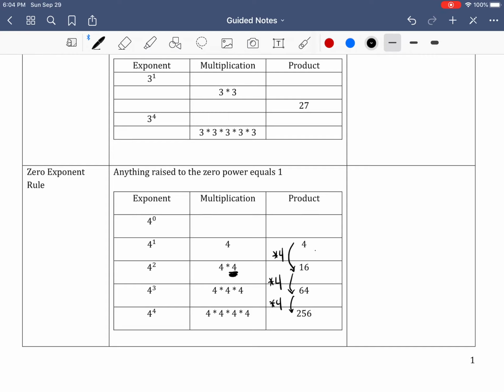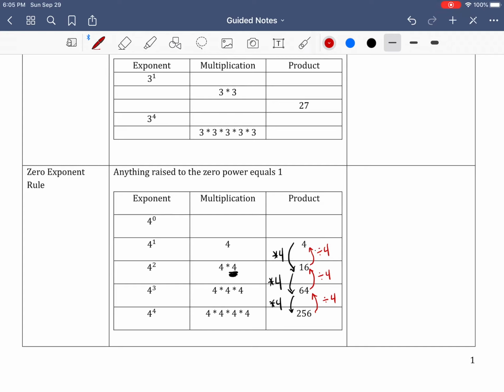That means if you're going the other way, from 256 to 64, you would be dividing by 4. From 64 to 16, again, you're dividing by 4. And then 16 to 4, you're going to divide by 4.